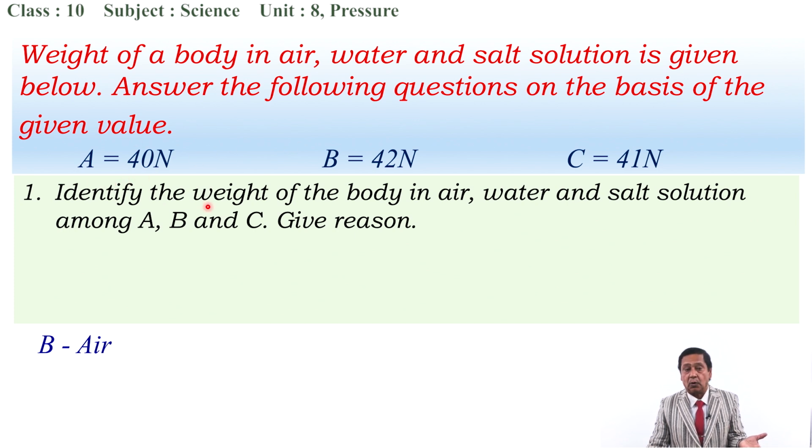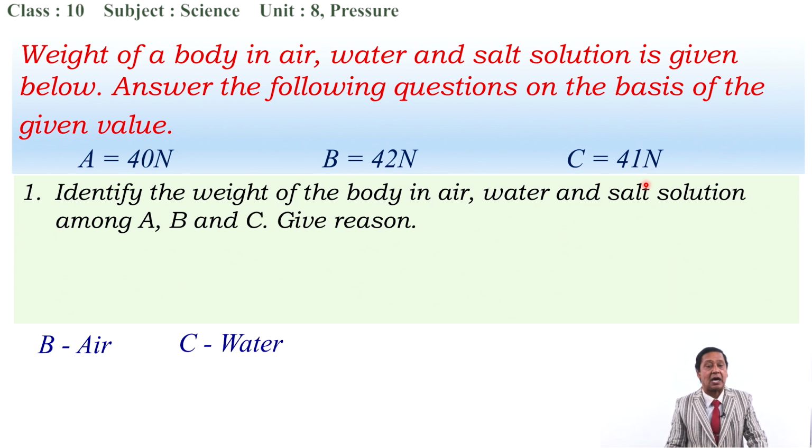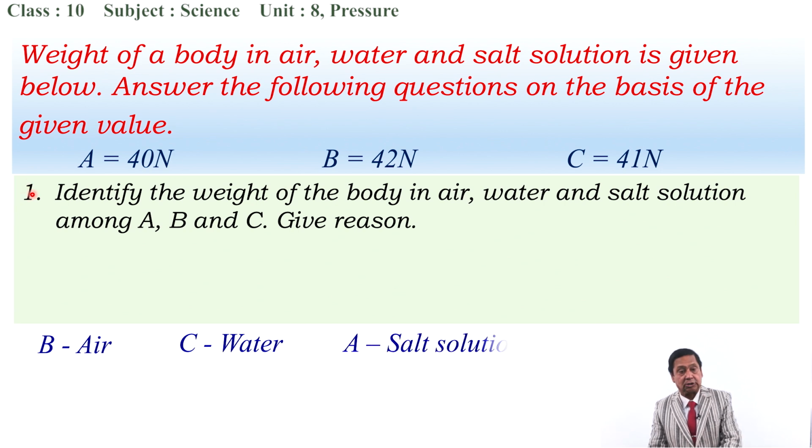This is 40 Newton. A must be salt solution, C must be water. In both the salt solution and water, upthrust acts on the body, but upthrust is more in salt solution. That's why the reduction of weight will be more in salt solution. So we can conclude that C is water, but A is salt solution, because in A we have the minimum weight of the body. This way we can answer.